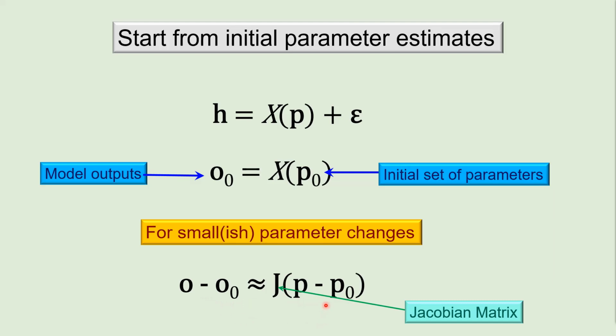If I don't change those parameters by too much, the relationship can be described as a matrix operation, and this matrix is called the Jacobian matrix, or often the sensitivity matrix. So now I'm looking at changes to parameters and how changes to model outputs are calculated from those changes, and the relationship, if those changes aren't too great, is approximately linear.